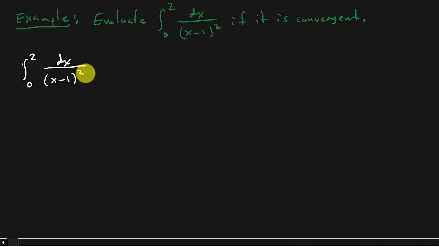All right, so notice we're going from 0 to 2. The function's not undefined at 0, and it's not undefined at 2. But it is undefined at 1, which is between 0 and 2.